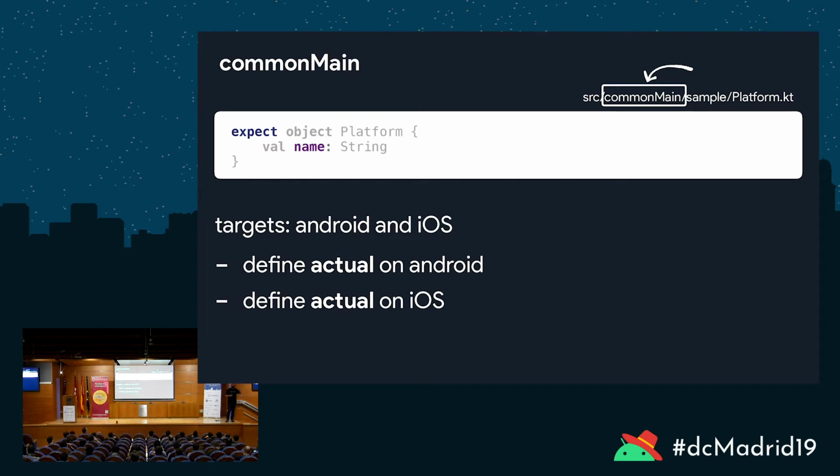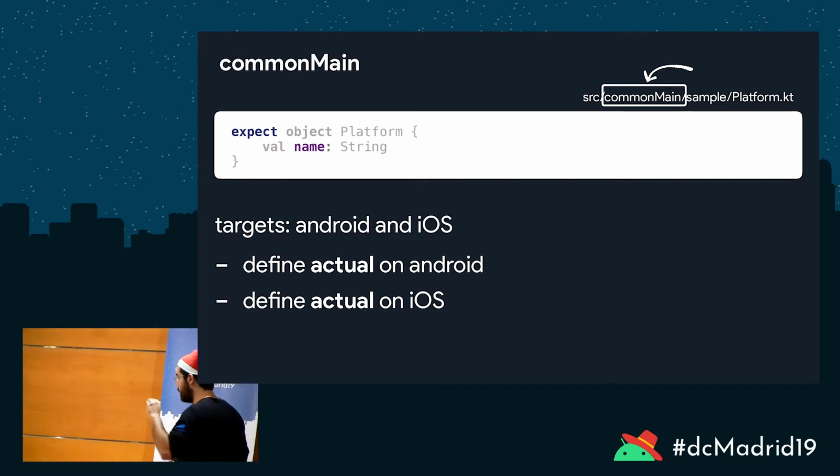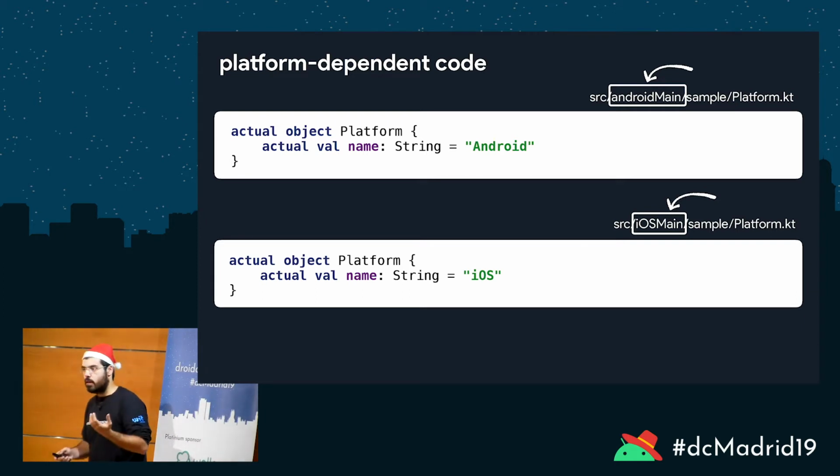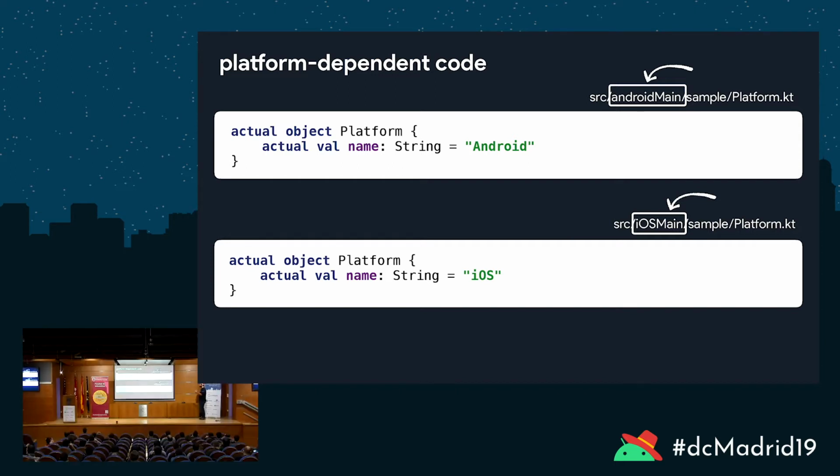And then on my platform code on Android and on iOS, I'm going to define what name really means. So I create a class called platform, and I'm going to define what name means. In case of Android, Android. In case of iOS, iOS. And if you see here closely, you'll see that I'm defining this in a separate folder, Android main and iOS main, and we'll see in a minute what this means.